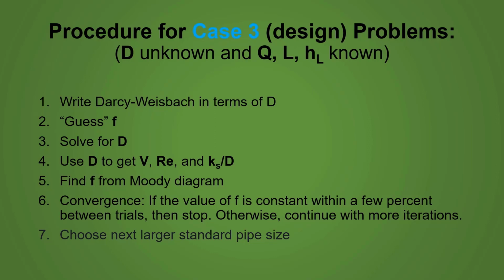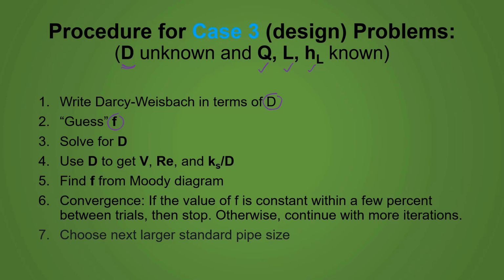So the third case is the design case, where you are going to find the diameter of the pipe, having the value for flow rate, length, and head loss. Okay? Now, again, this procedure is going to be helpful to you. Since you are going to find D, or diameter of the pipe, you will write all the equations in terms of D, and then you will guess an F, right?